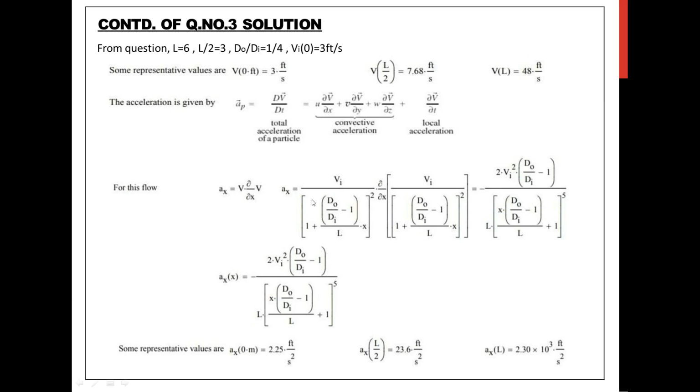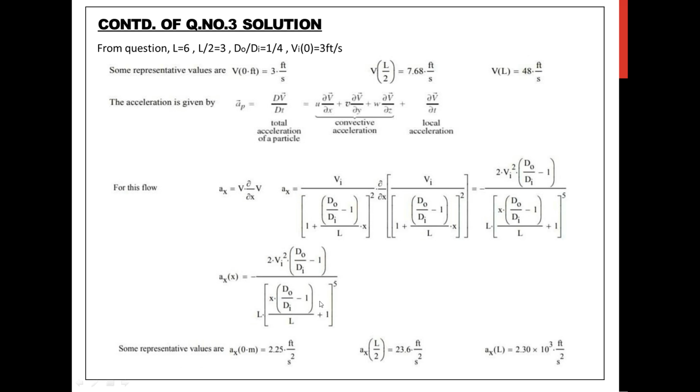Solving this, that is putting the value of v, and taking del by del x of v, and multiplying both, we will get this equation, and this will vary with respect to x. That is, depending upon the value of x, acceleration also varies.